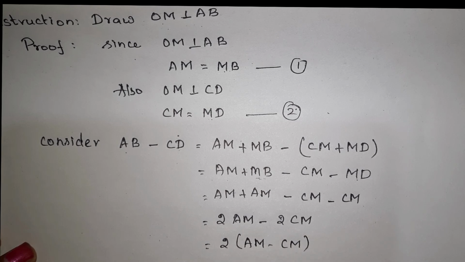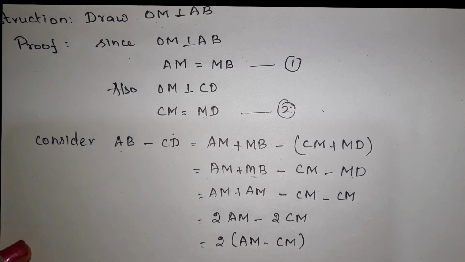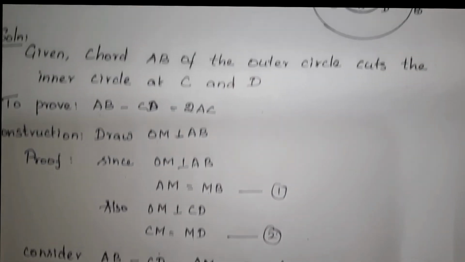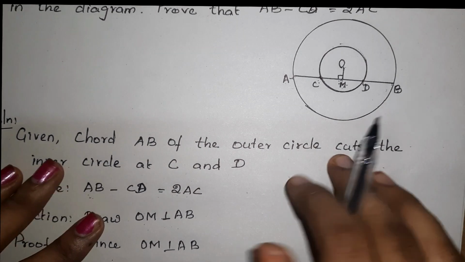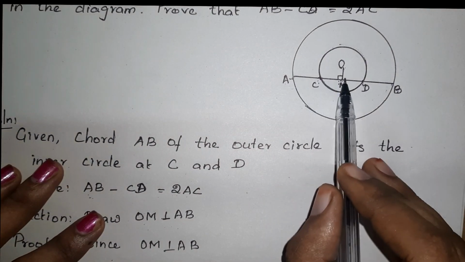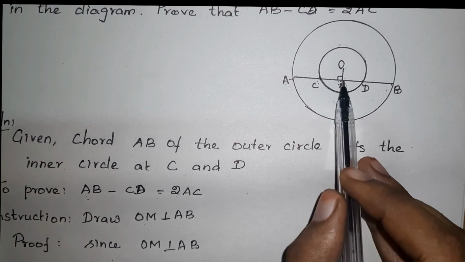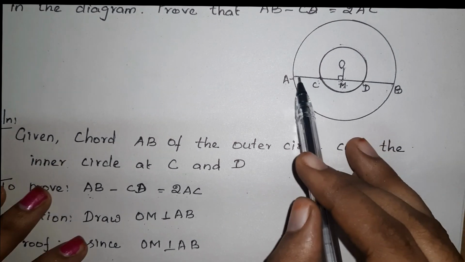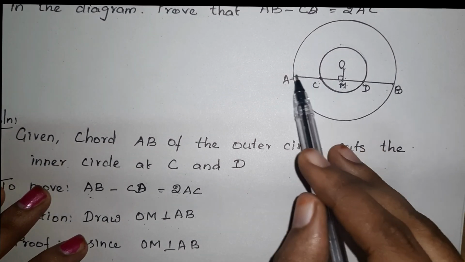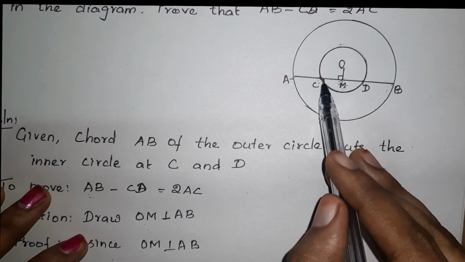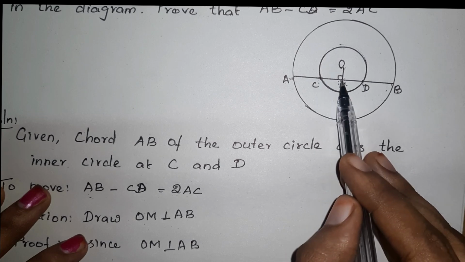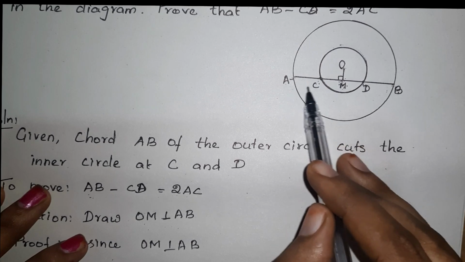Now see the figure. AM minus CM. What is the value? From AM, this is the length of AM. We are subtracting, we are removing the CM value. So remaining there will be AC.